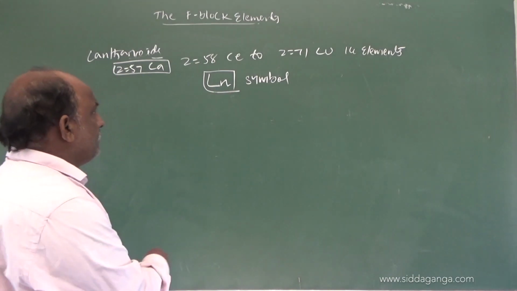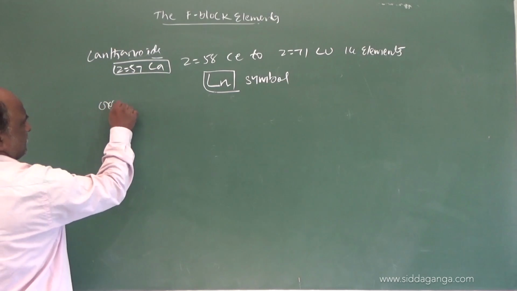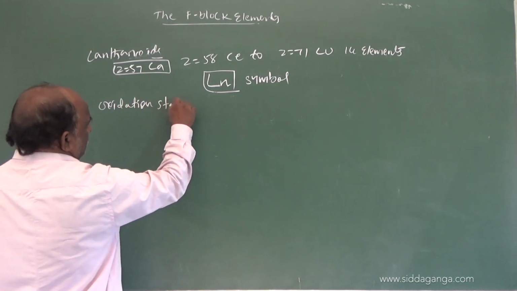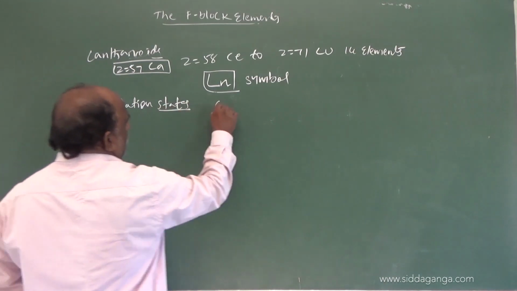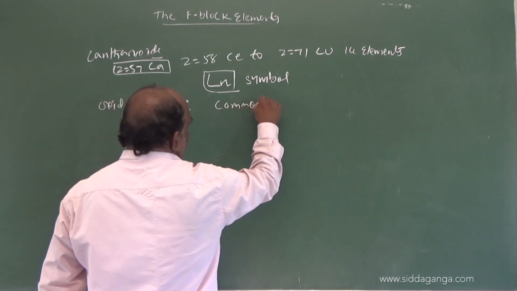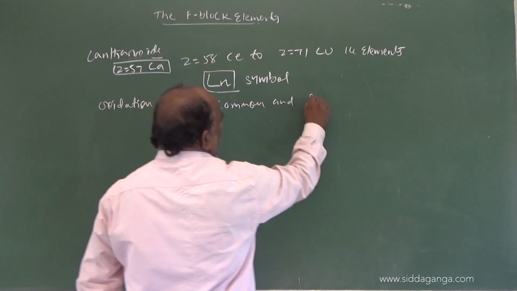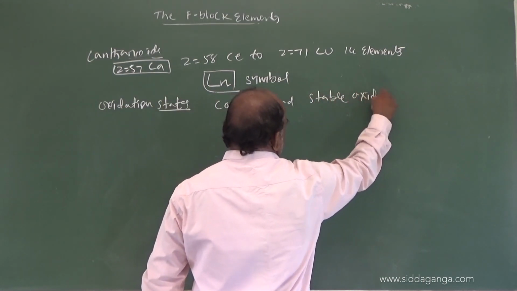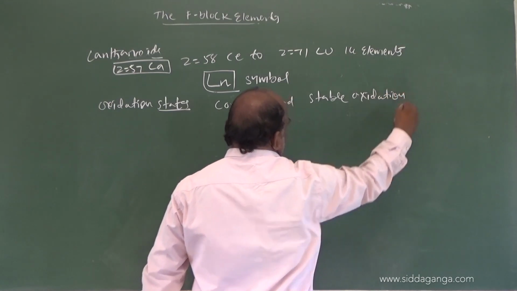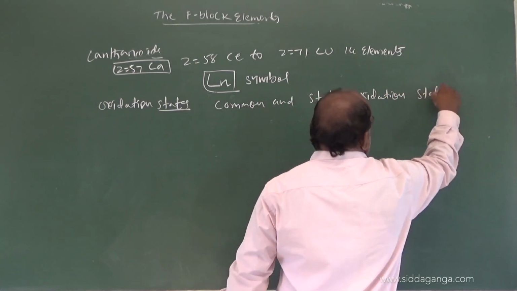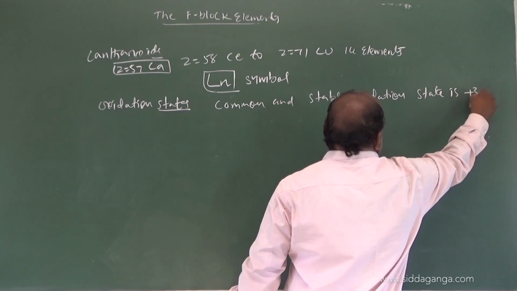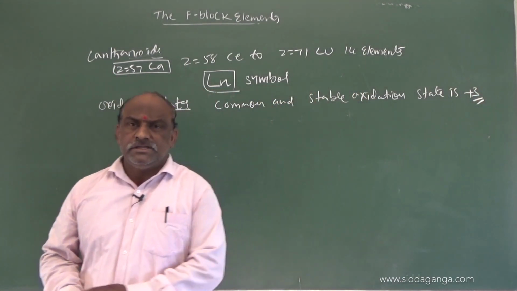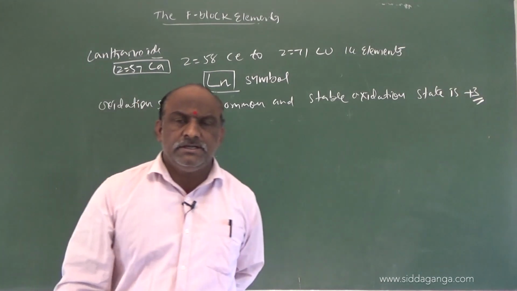Lanthanides are symbolized by the letter Ln. Now, oxidation states. The common and stable oxidation state is +3. Very, very important. This is the common oxidation state of lanthanides, and the stable oxidation state is +3.